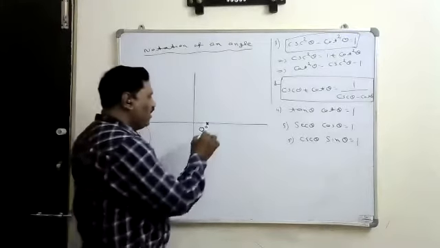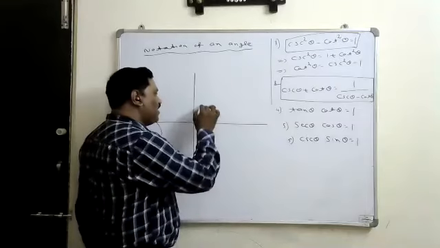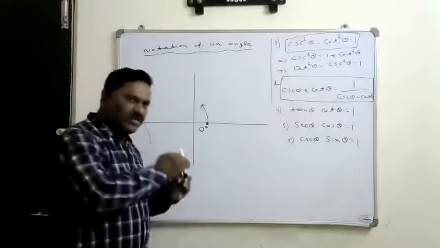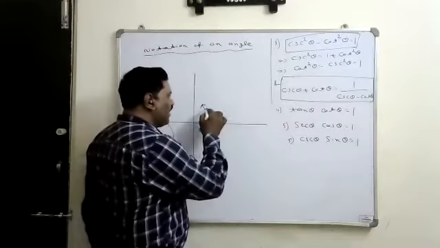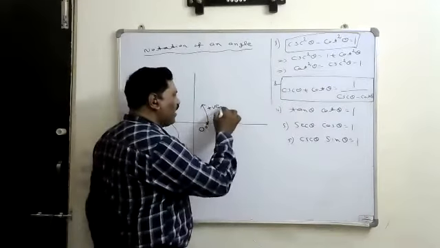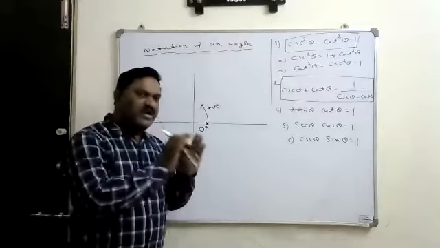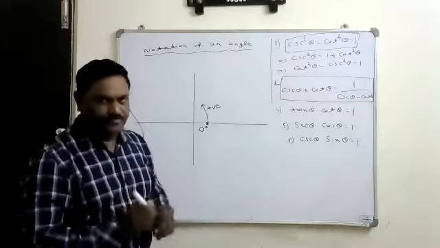From this point, if you measure the angle in the anti-clockwise direction, all those angles are called positive angles. So the anti-clockwise direction we call the positive direction.